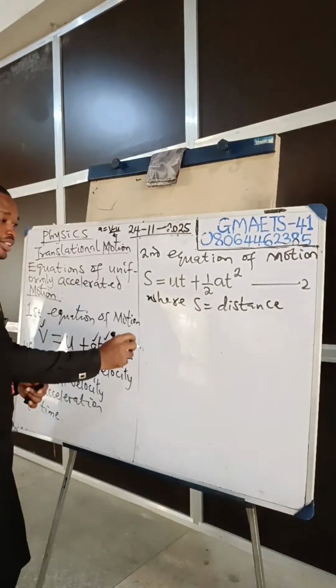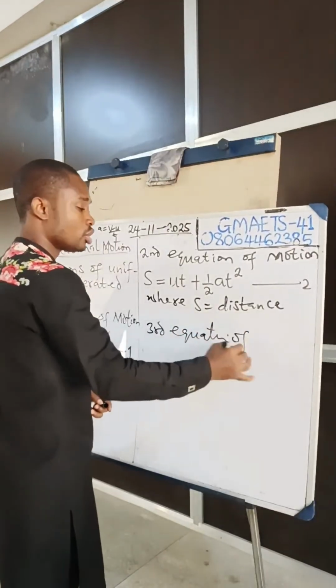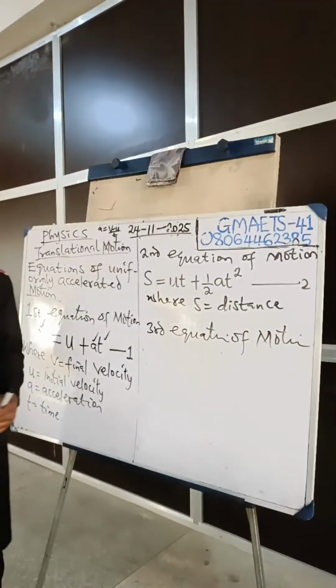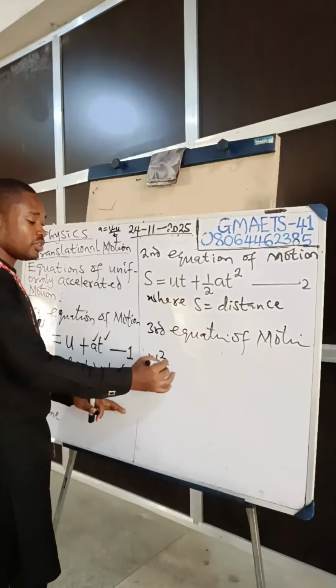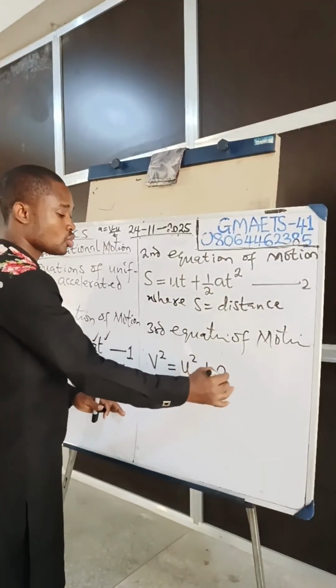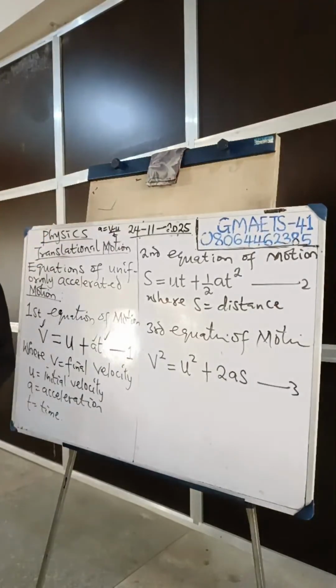Now we are moving on to the third equation of motion. The third equation of motion is given as V squared equals U squared plus 2AS. This is the third equation of motion.